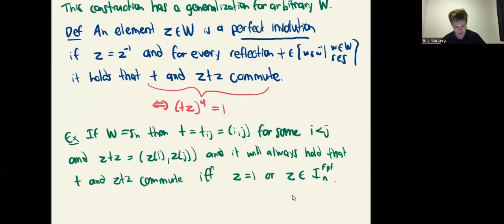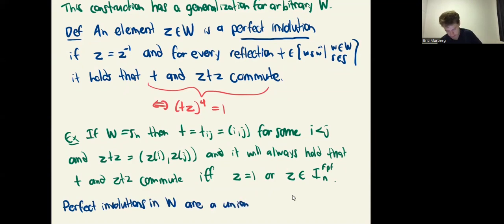So the conditions defining a perfect involution are preserved by conjugation. So perfect involutions in W are a union of conjugacy classes.